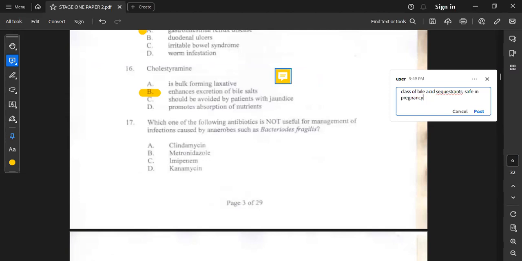I've seen that cholestyramine, that bile acid one in the question, is not used in combination with NSAIDs, especially diclofenac, because it leads to blocking the release of chemical messengers, which will increase the effects of NSAIDs.